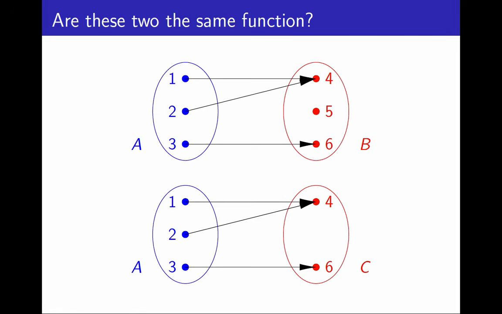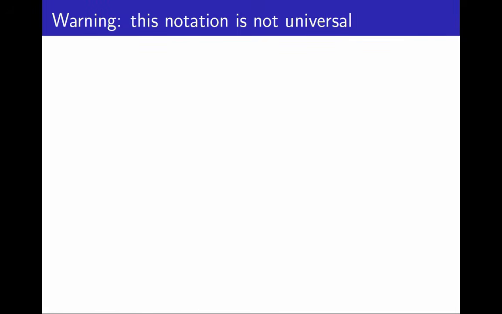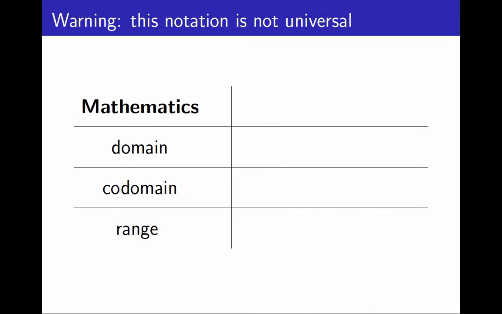But remember that in other areas of mathematics this distinction may be important, and in that case we will stick to saying these two functions are different. To make matters worse, this notation is not universal. The names I have introduced here are the most commonly used names in math, but sometimes people use different names, at least in some areas of computer science.